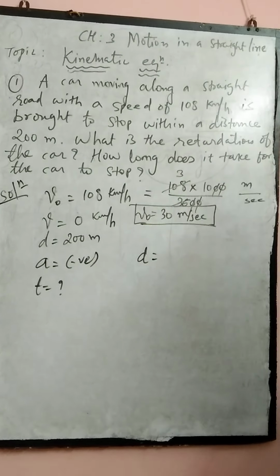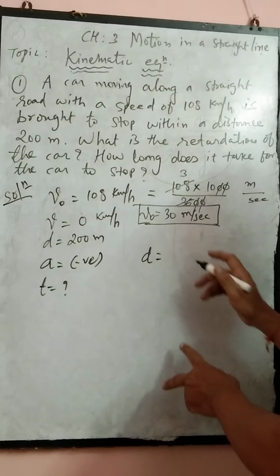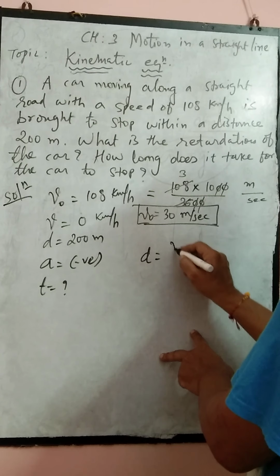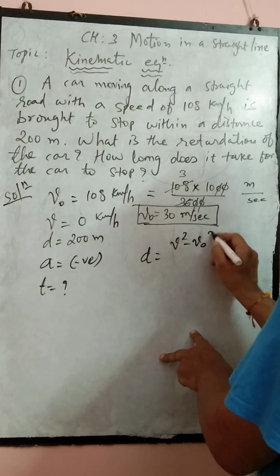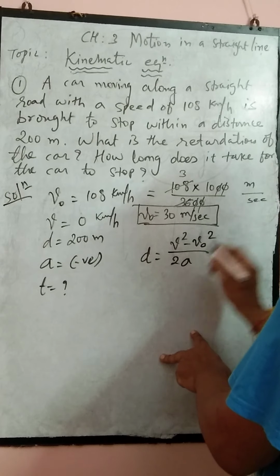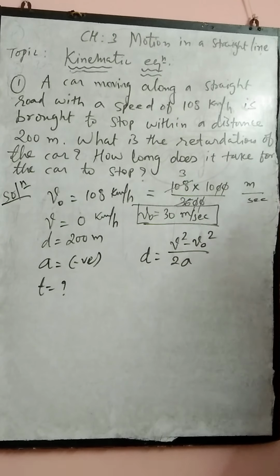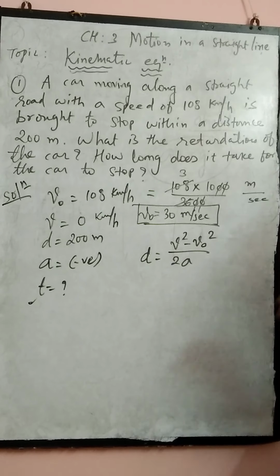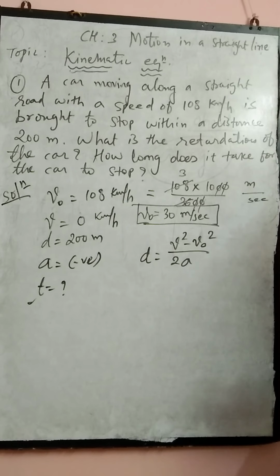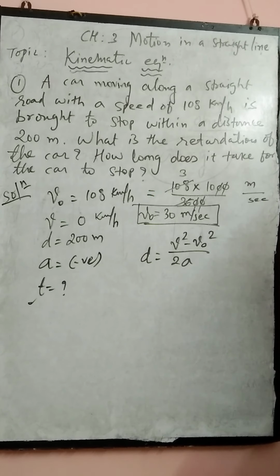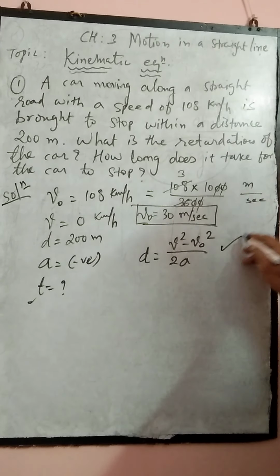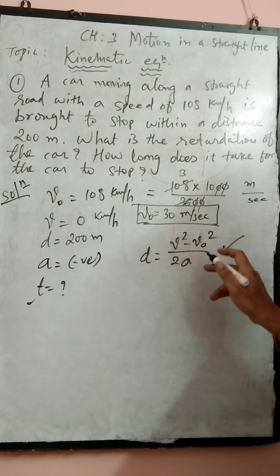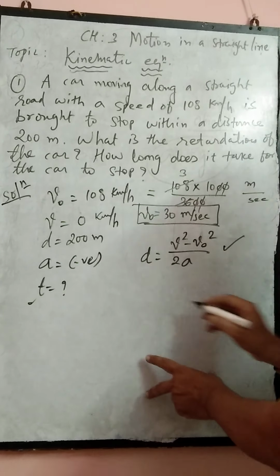From those, the third equation which we can apply is D equal to V square minus V naught square upon 2A, right? This equation is applicable because we have to find out time also, so you cannot apply D equal to V naught T plus half AT square. If you apply that equation, you will have two variables, A and T. So apply this equation where you can find out A, right?